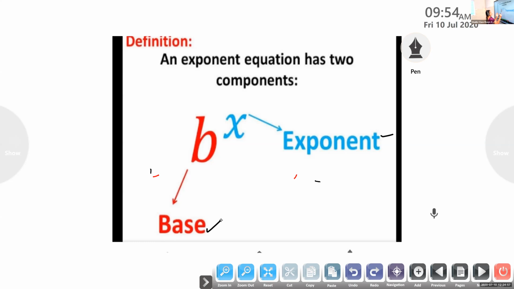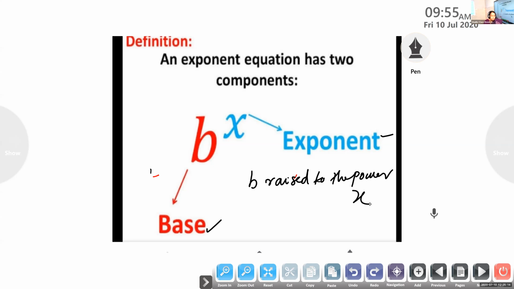This we will read as b raised to the power x. We can write it b raised to x.